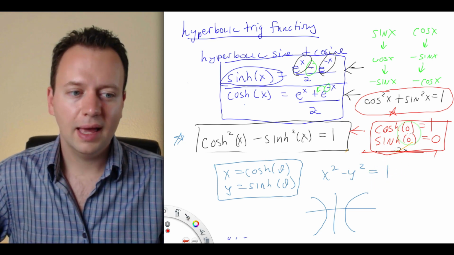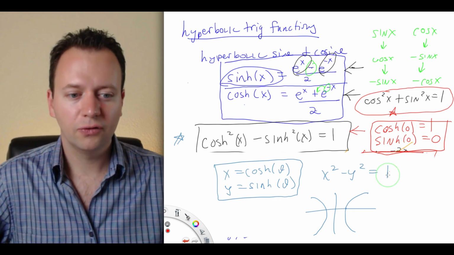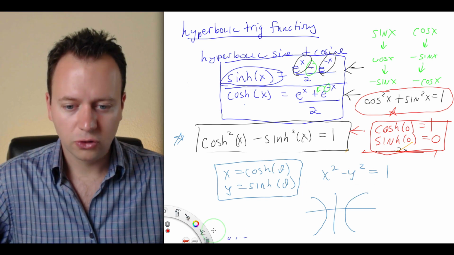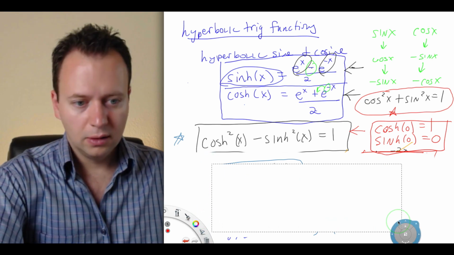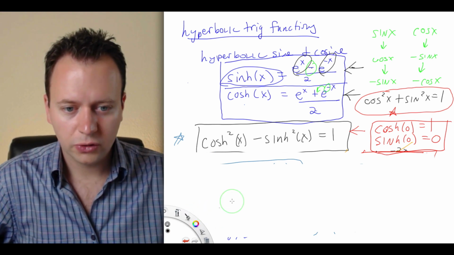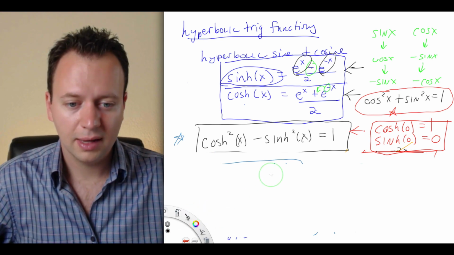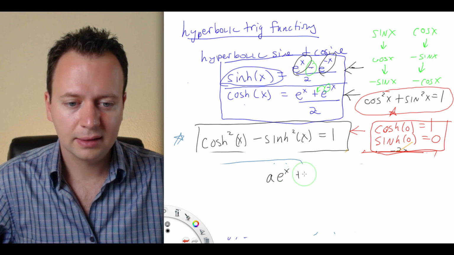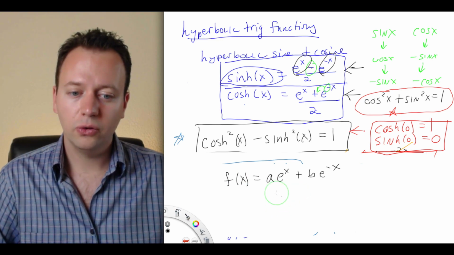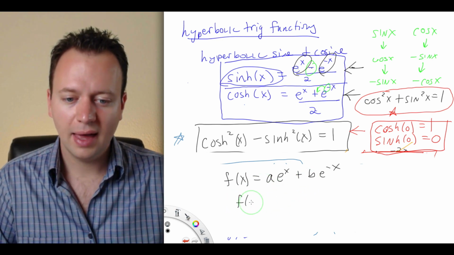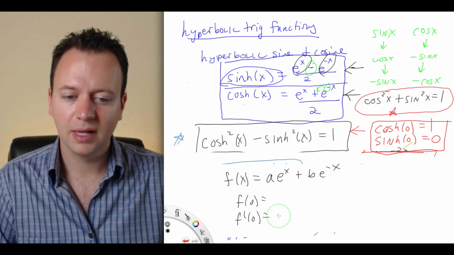So basically, when you have a differential equation, you have a choice. Given these functions cosh and sinh, sometimes you have solutions to a differential equation that might look like this: a e to the x plus b e to the minus x. So you have f of x like this. And then you have to choose a and b so that f of 0 is some given value and f prime of 0 is some given value.